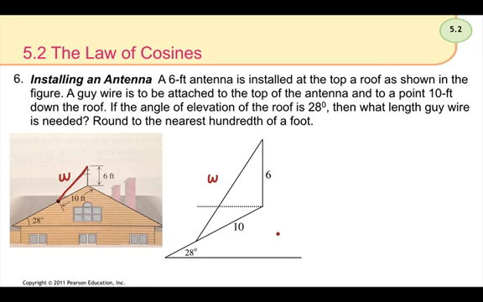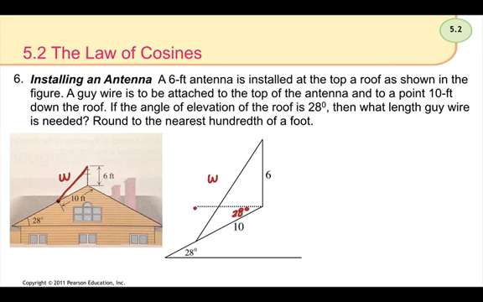From here, I'm going to focus on this oblique triangle here, and what I want to do is find this angle that is here. Looking at this horizontal line, which I drew, these two lines are parallel, and with this transversal, you should be able to see that this is actually 28 degrees because of alternate interior angles.